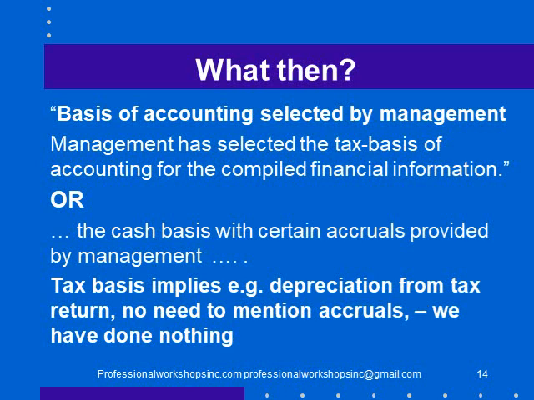Now, the reason I like the first one, tax basis, is, A, that's typically what a compilation is for. They do it for the purpose of doing a tax return. And therefore, they really don't want us to be using some kind of GAAP depreciation. Just use the same tax basis depreciation rates that are in the tax return.